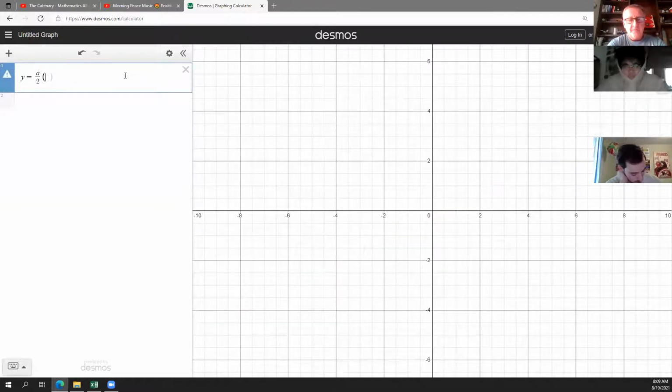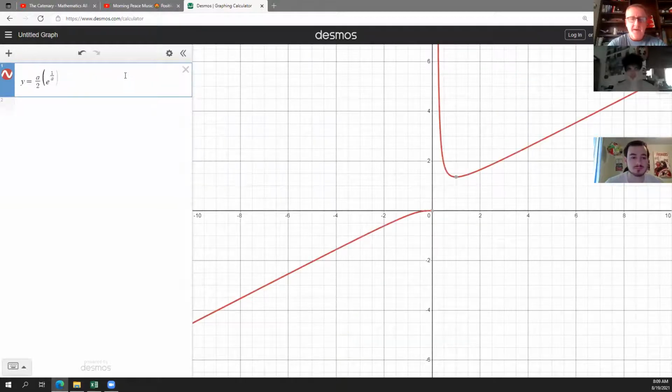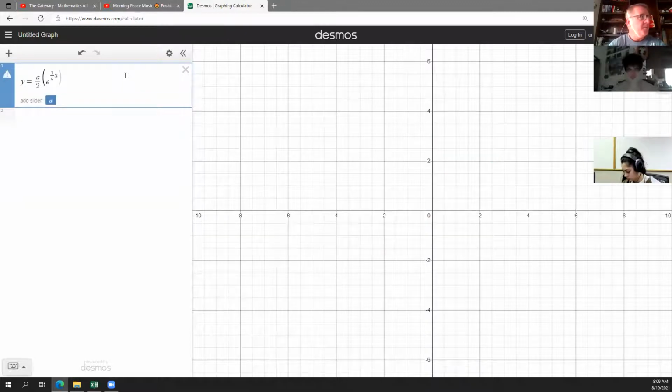So if I say E raised to the, and I'm going to say it a little bit differently, 1 over A times X. The way I wrote it in the sheet is actually better, but just so you see that A is just some number. So if A was 2, that'd be E to the 1/2 X. And then you get an exact repeat of that, except for, interestingly, it's just a negative sign.